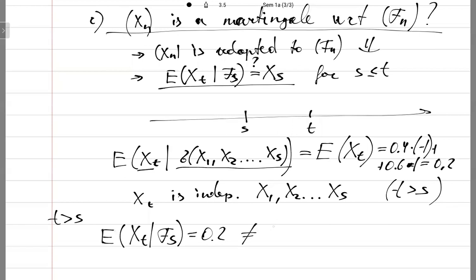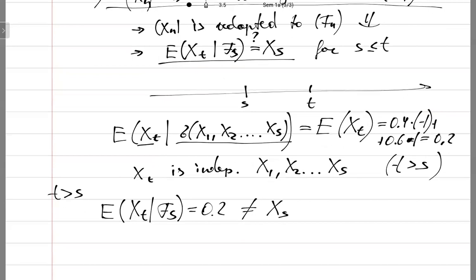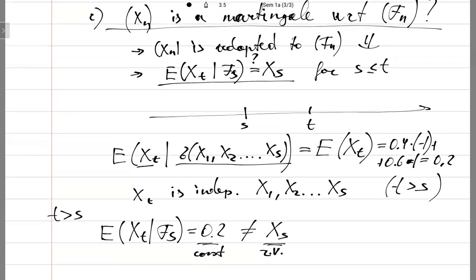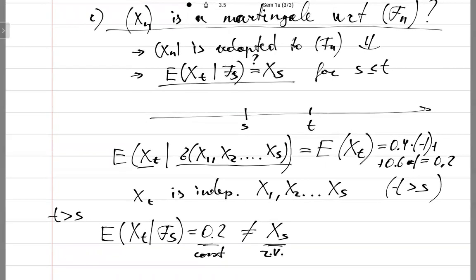And it's not equal to xs, because this is a constant and this is a random variable. Okay, so our process is not a martingale. The best guess of future xt is 0.2 and has nothing to do with the current value of xt.